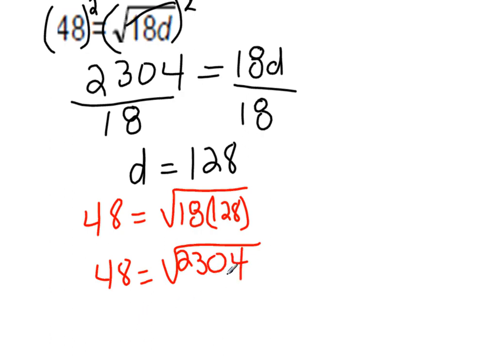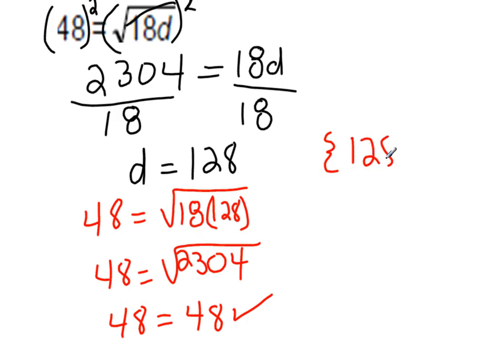Is the square root of 2,304 48? The answer is yes. Does 48 equal 48? That's a true statement, and therefore that's my solution. And remember, we're going to write our solutions in brackets. So I have 128 as my solution.